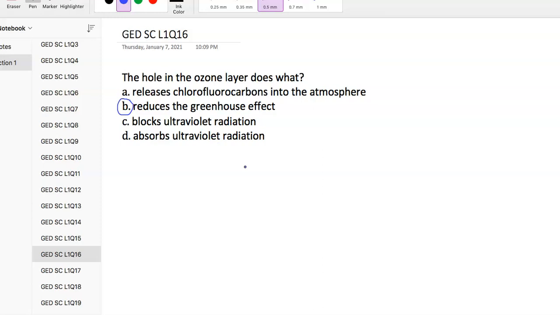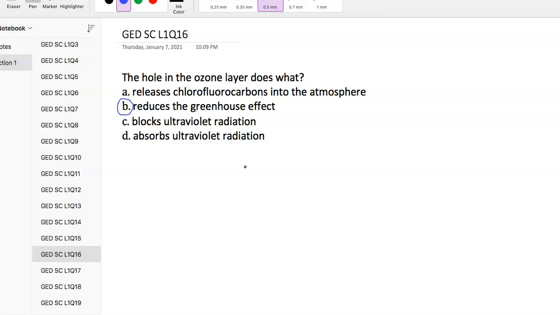The hole in the ozone layer in the Earth's upper atmosphere, the stratosphere, reduces the greenhouse effect because ozone is a greenhouse gas. Okay, so that's your first concept. If you're not familiar with that, ozone is a greenhouse gas. However, ozone in the stratosphere filters out ultraviolet radiation from the sun that is harmful to life on Earth.